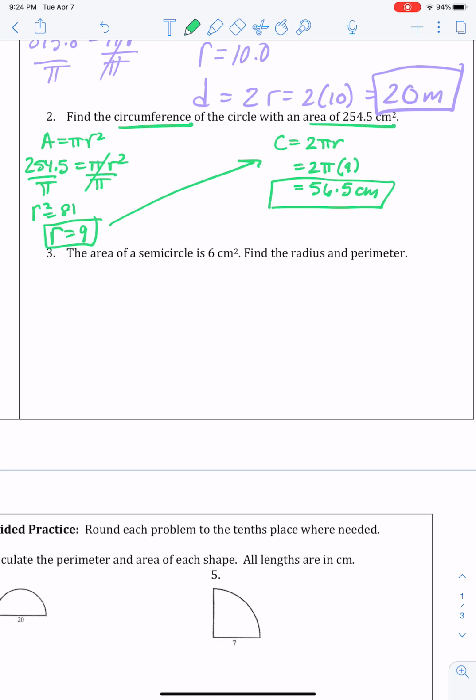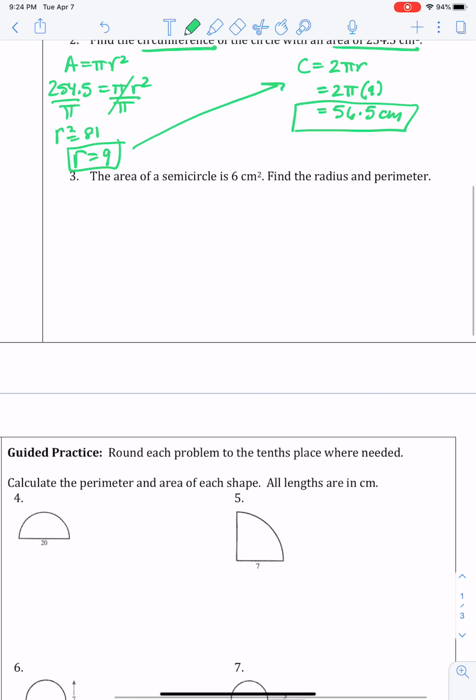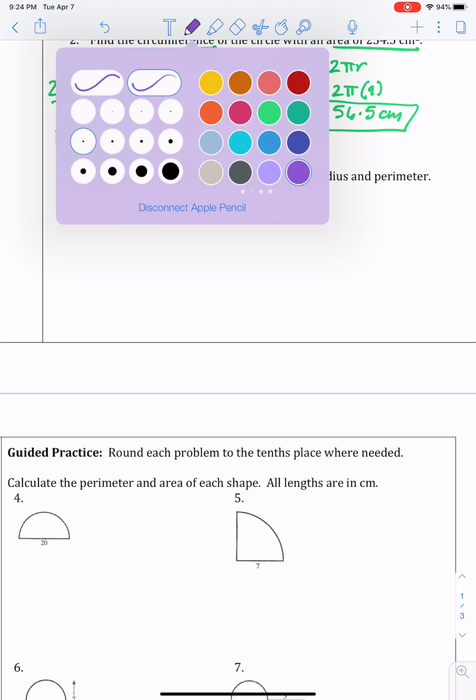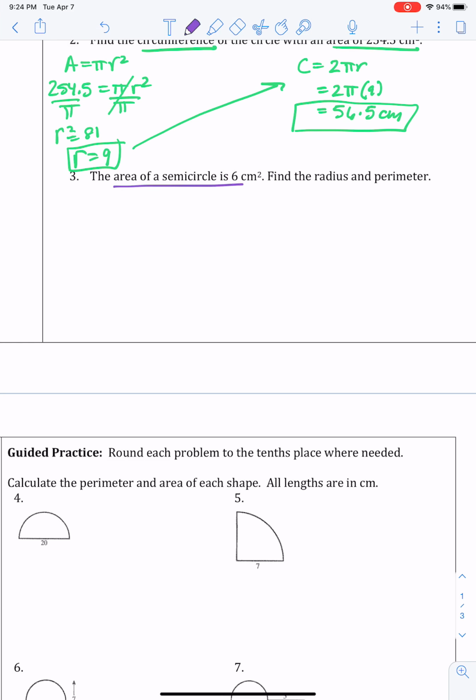So let's think about number 3. I'm given the area and I want to find the radius and the perimeter. If I have the area, then I can use that to find the radius, and then I can find the perimeter in that order. So area equals pi r squared. 6 equals pi r squared.